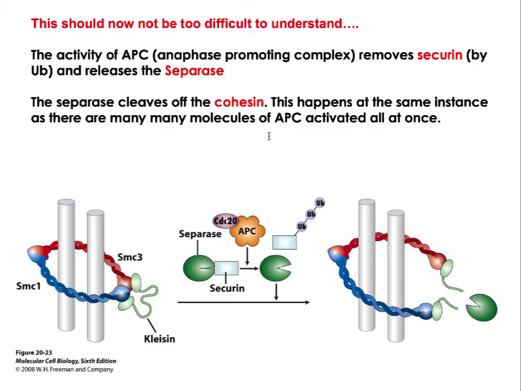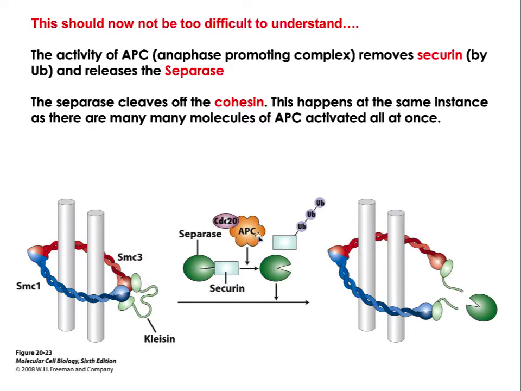So here is another perspective on the same mechanism. We have two sister chromatids indicated by the gray bars being held in place by the cohesin. And the cohesin has to be now cut open, and that's done by this enzyme here called separase. But separase is prevented from having an active site by being secured by securin.